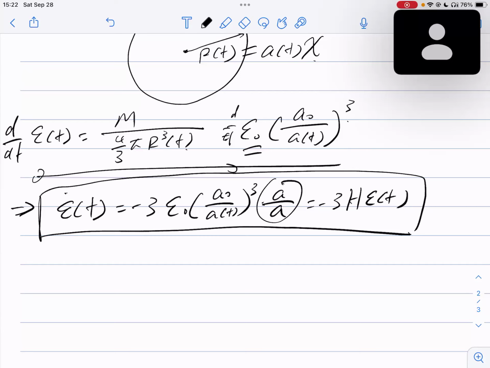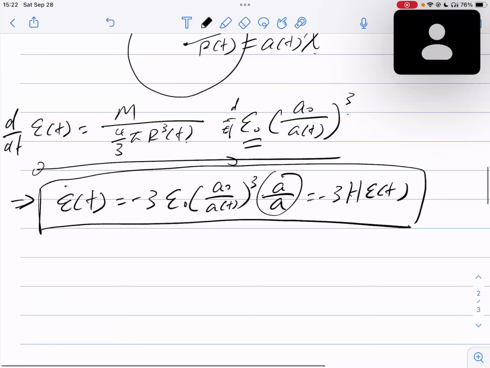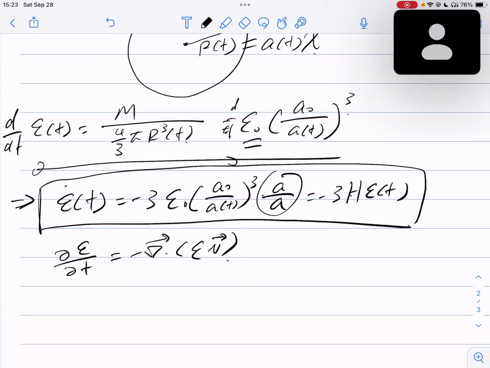We should notice that this is actually the continuity equation in a non-relativistic condition. To see that, we can rewrite it as partial epsilon over partial t equals minus the divergence of epsilon v.